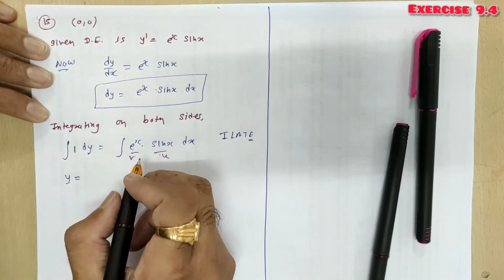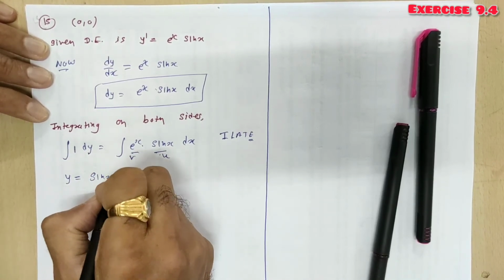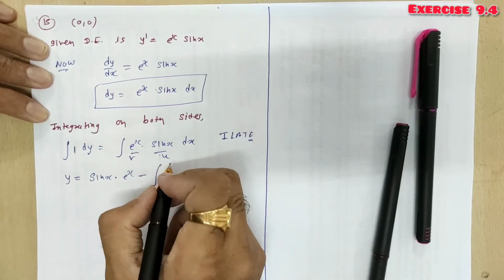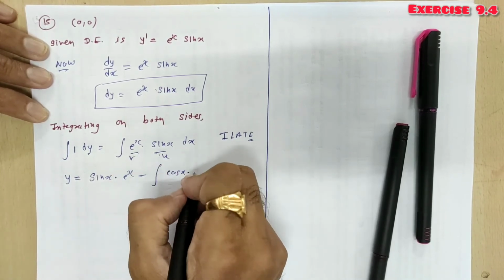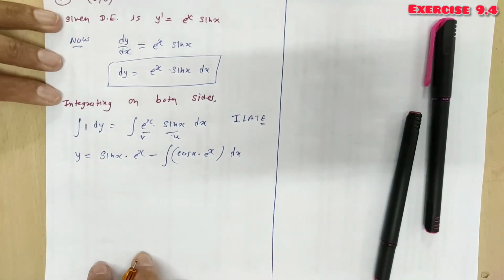So what is the integration by parts? Sin x, u as it is, into integration of v, e raised to x, minus integration of the differentiation of sin x, which is cos x, into integration of v, e raised to x, and whole integration, dx.